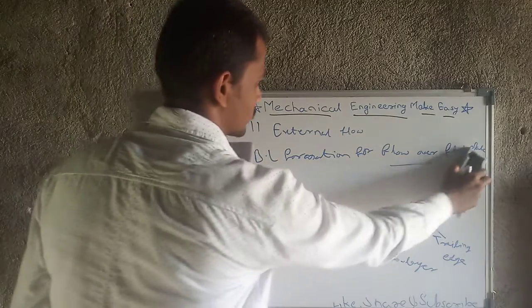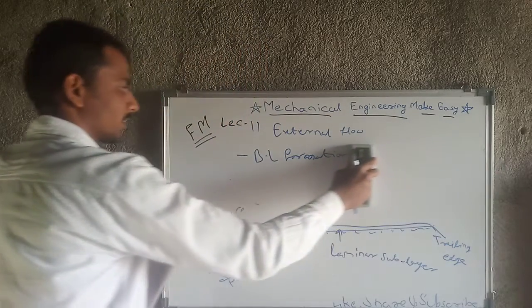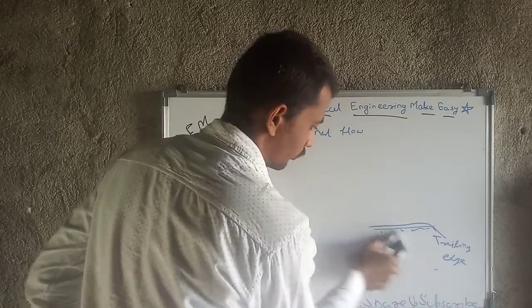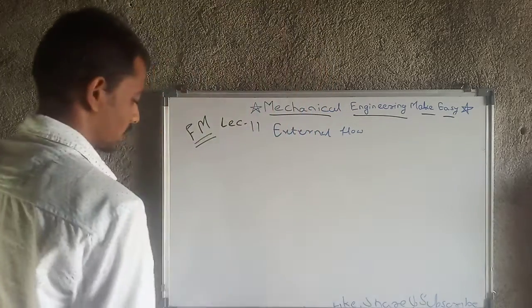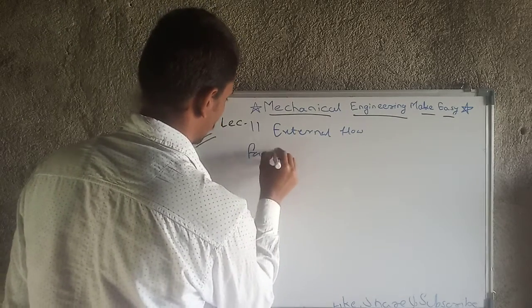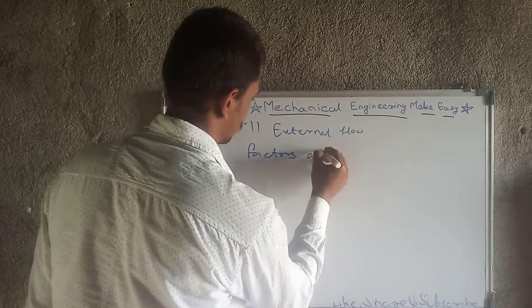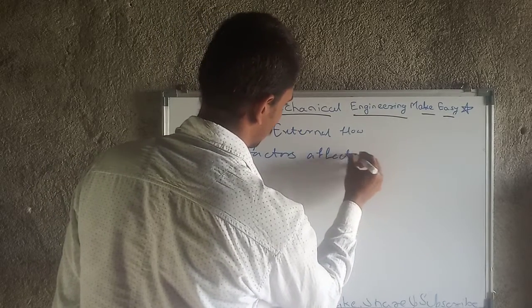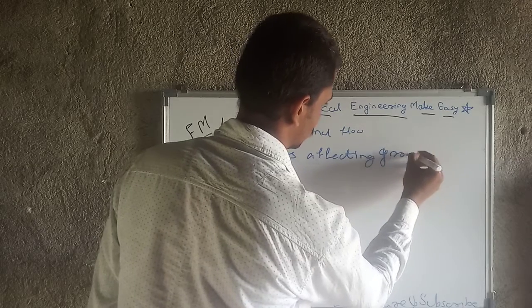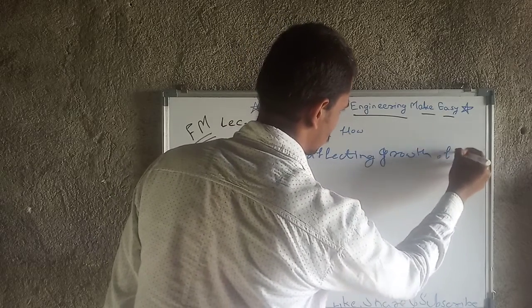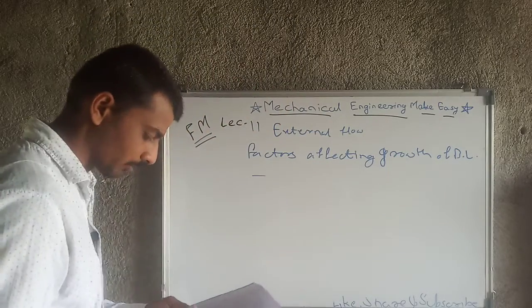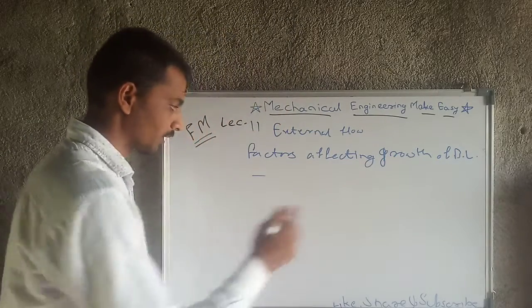I will move towards the next topic, that is factors affecting the growth of boundary layer. Which factors affect the growth of the boundary layer? There are 3 to 4 factors. First factor is nothing but the distance from the leading edge.